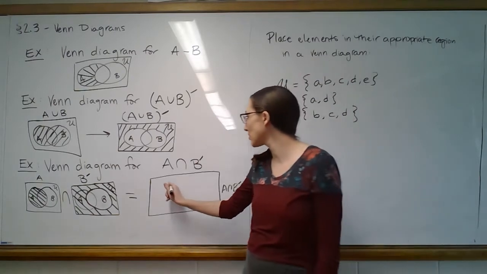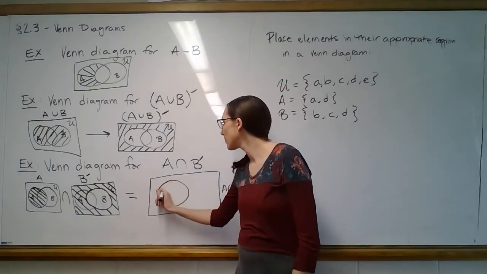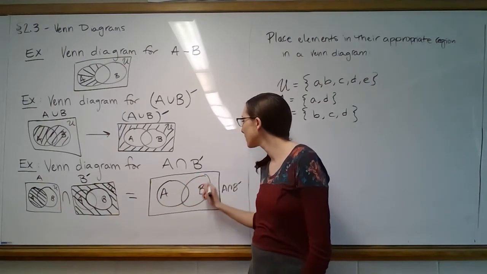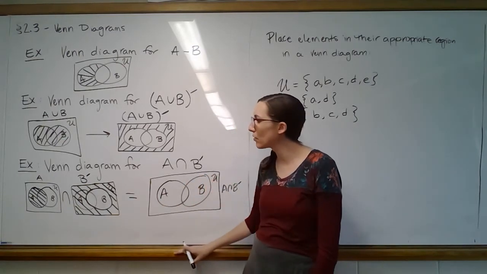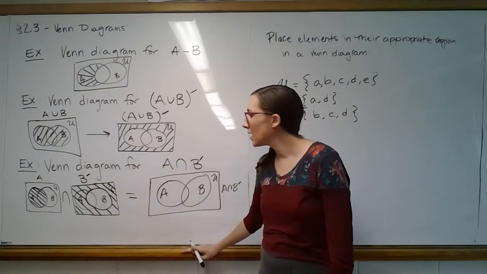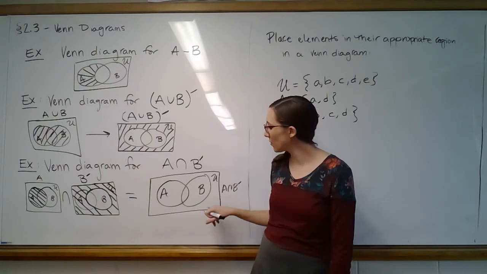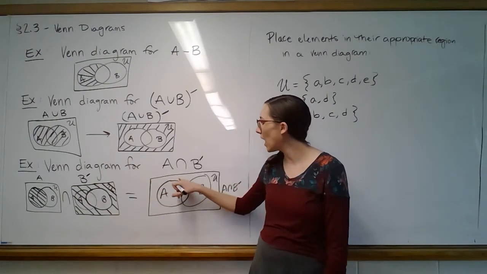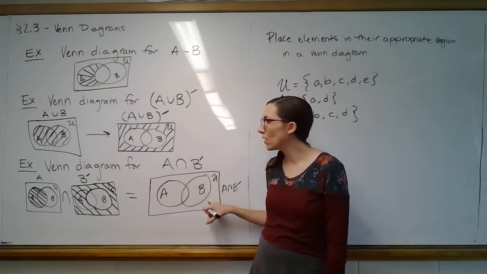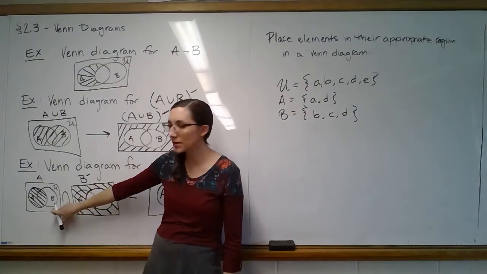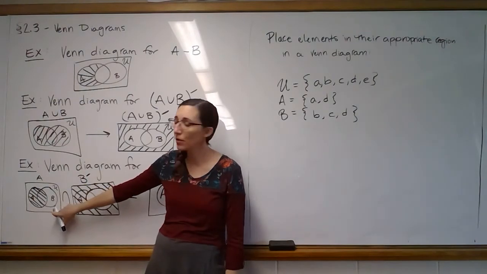So let me first just draw the circles. Got A, and we've got B, and we've got a rectangle for U. Now, if I look at both pictures, we can go region by region if we want. Should I shade the box? Well, no, because it's not shaded in the first picture, so it's not common to both.